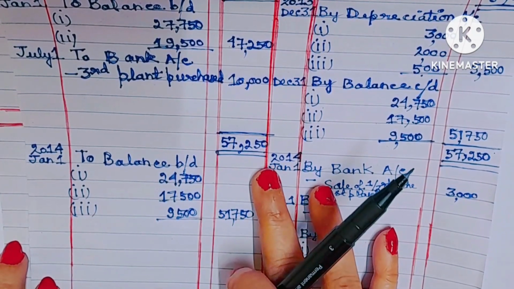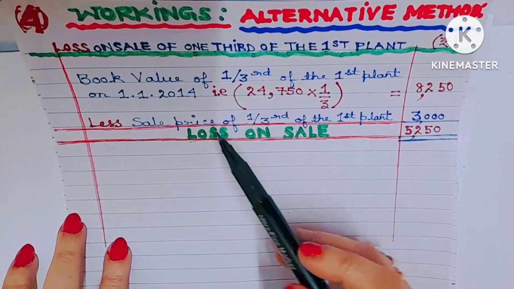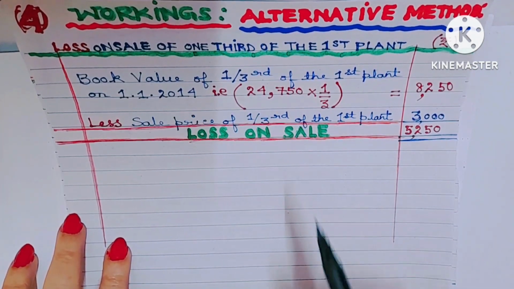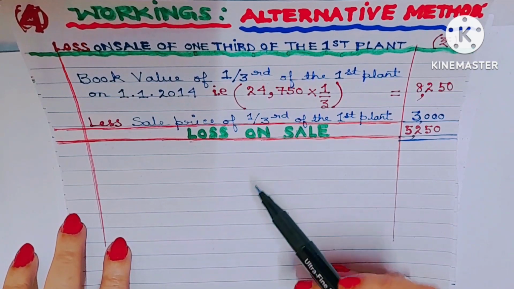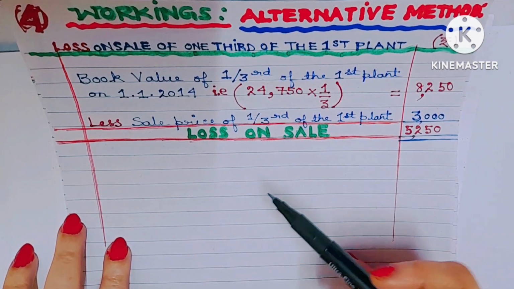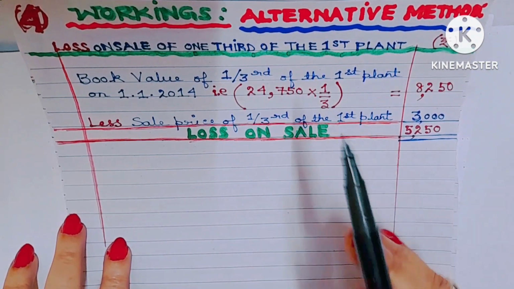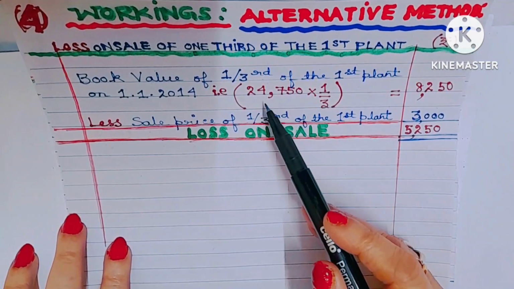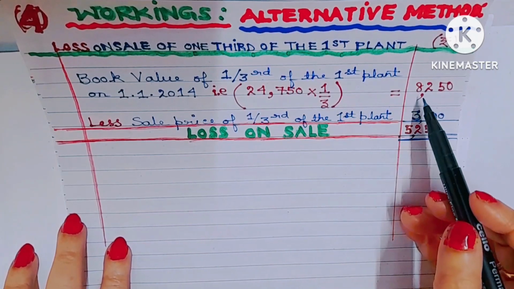Okay, let's do it. Since Baba Limited has sold only 1/3 of the first plant on 1st January 2014, we have to calculate the book value of 1/3 of the first plant and not the whole plant. So 1/3 of 24,750 is equal to 8,250.